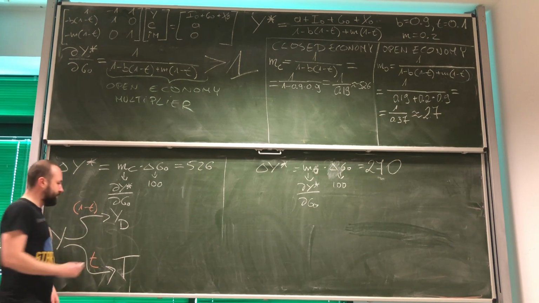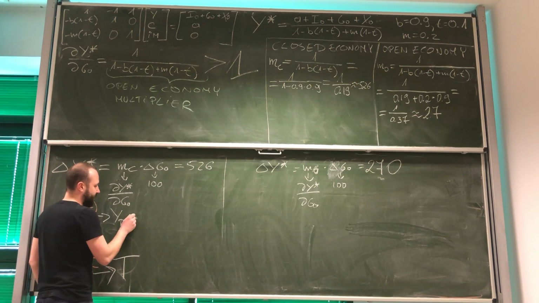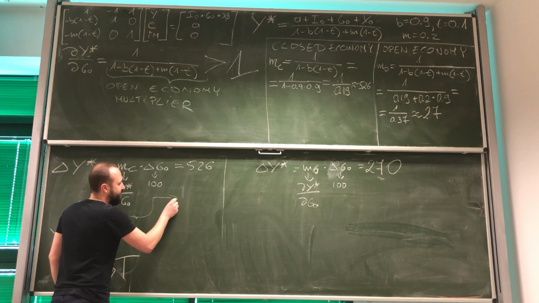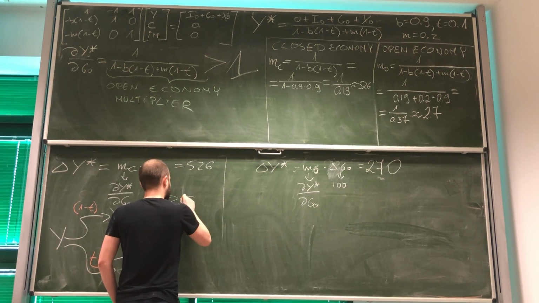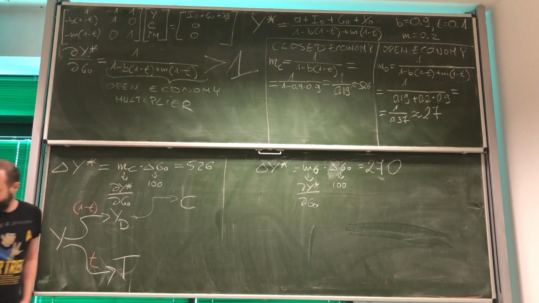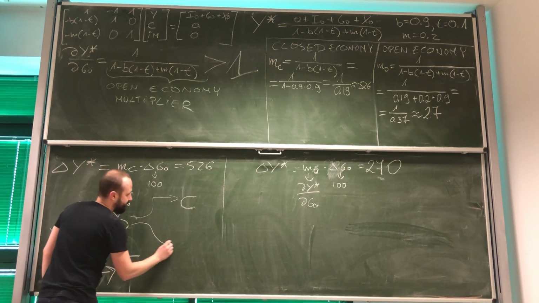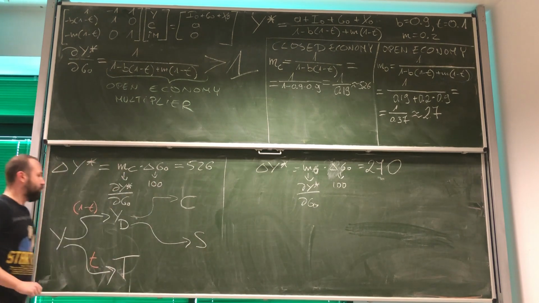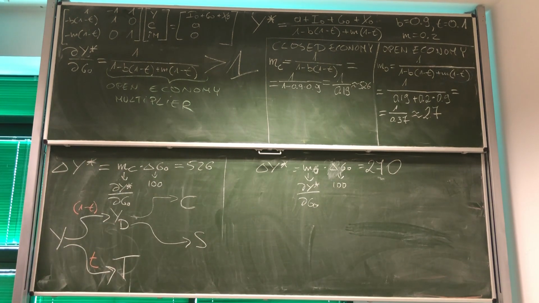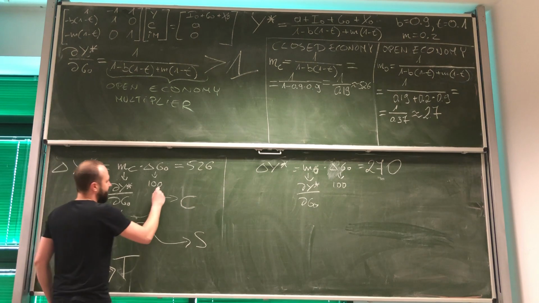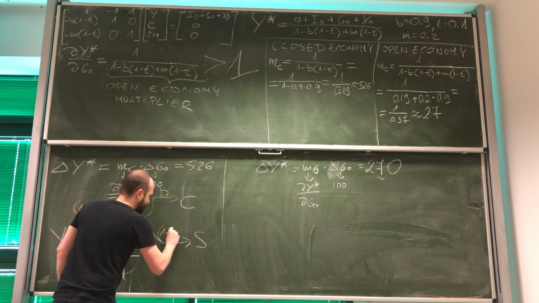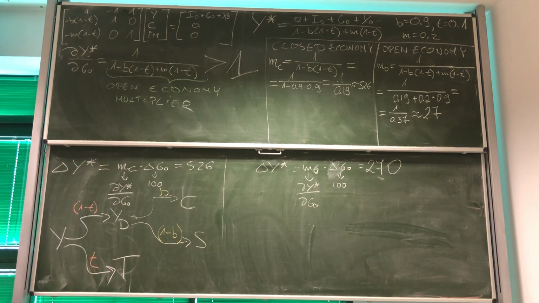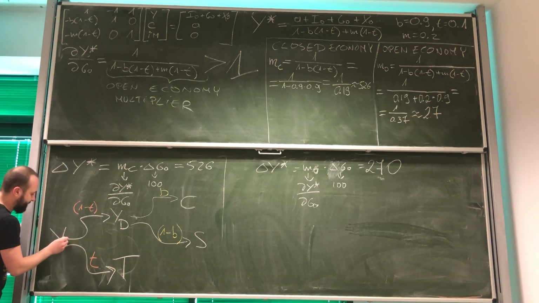Then, what can households do with the money? They can spend it either on consumption or on savings. What part goes to consumption? Well, B. How much goes to savings? 1 minus B.